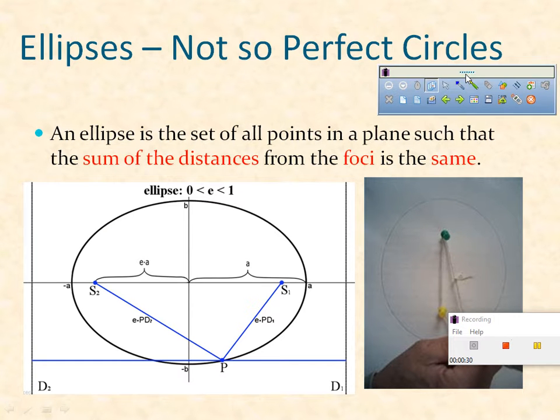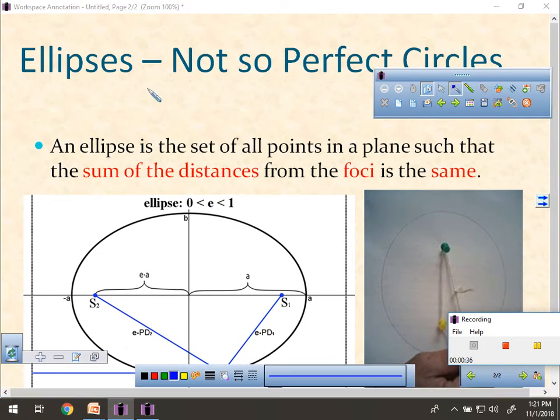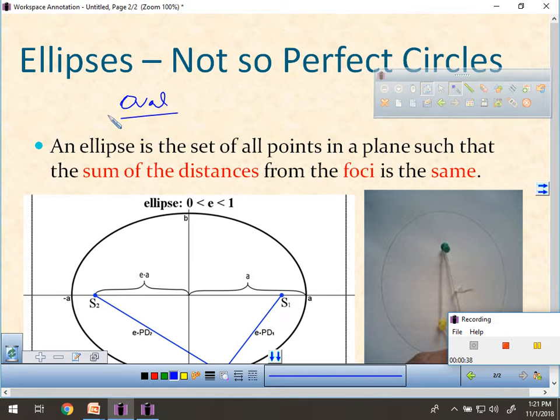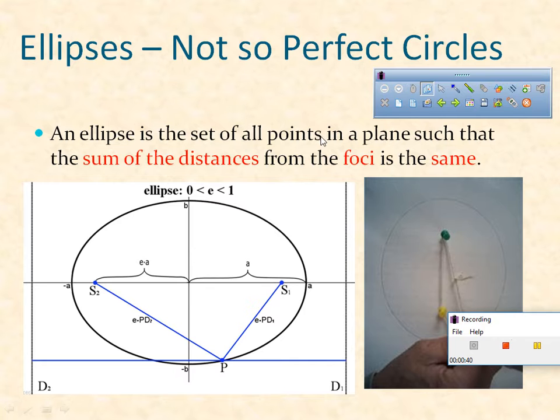Now, ellipses are not perfect circles, they are ovals. And so what we're going to be looking at are oval shapes. The formal definition is, an ellipse is the set of all points in the plane such that the sum of the distances from the foci is the same. For example, this is a picture of an ellipse, and the two foci are right here in blue.